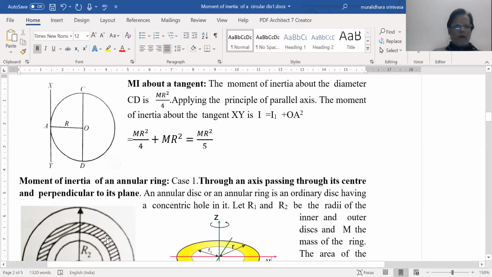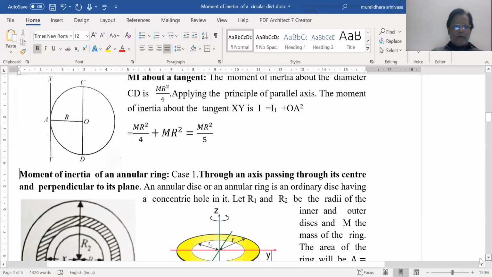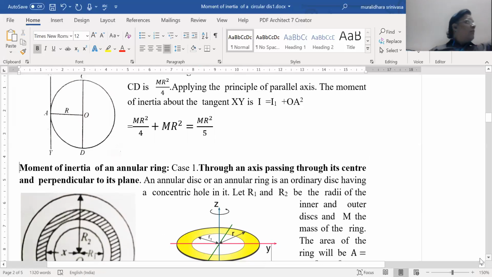Okay. So this is as far as the moment of inertia of a circular disk is concerned. Now, you can consider as the other case the moment of inertia of an annular ring. Now, what is this annular ring?